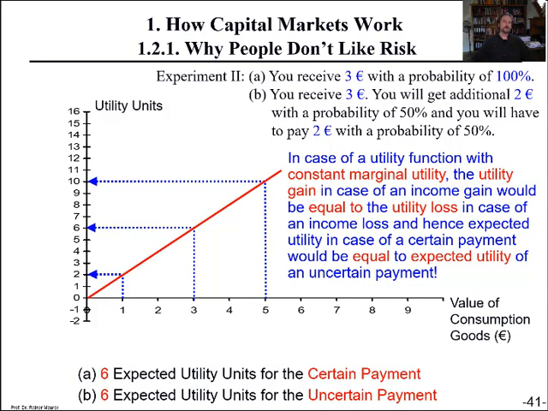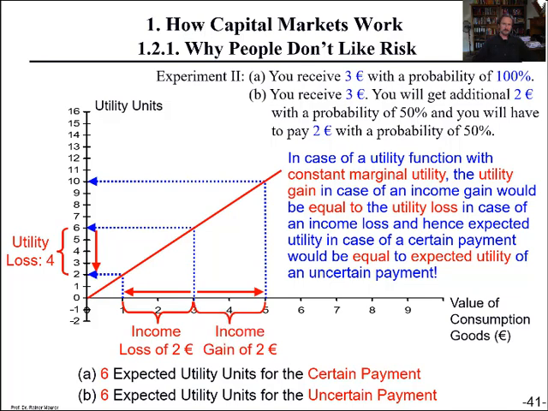In case of a utility function with constant marginal utility, the utility loss in case of an income loss of €2 would be equal to 4 utility units. And in case of an income gain of €2, the utility gain would also equal 4 utility units.